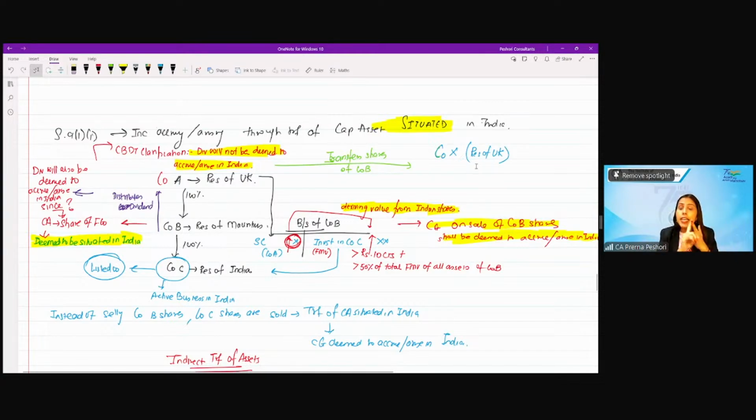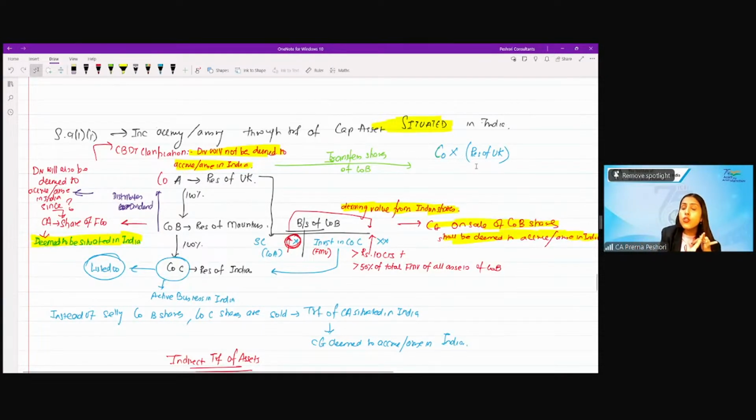Section 9(1)(i) had income accruing or arising through or from a business connection. We discussed that business connection is not defined. It just includes two things: one is the dependent agent, second is the significant economic presence. A dependent agent is one who habitually concludes contracts in India or plays the principal role leading to the conclusion of contracts in India.